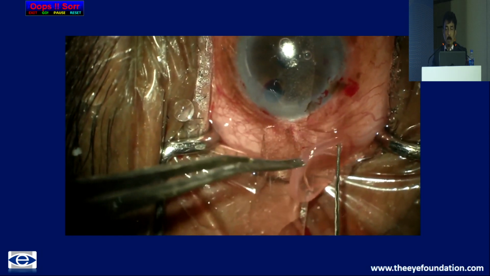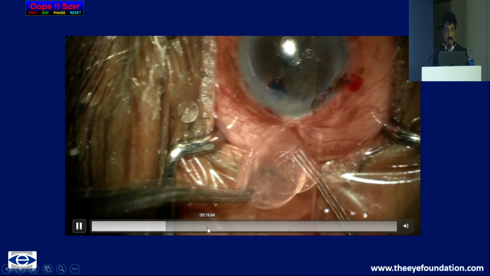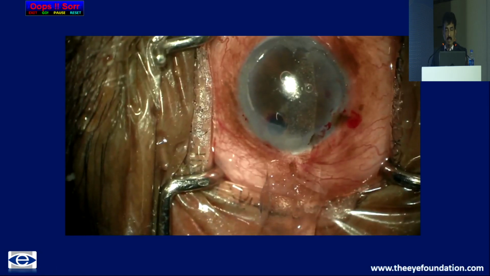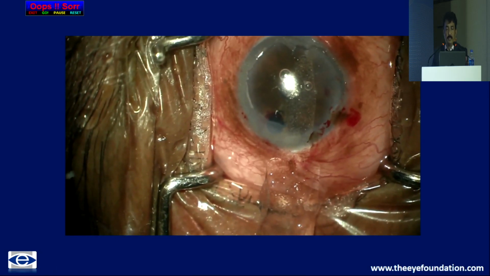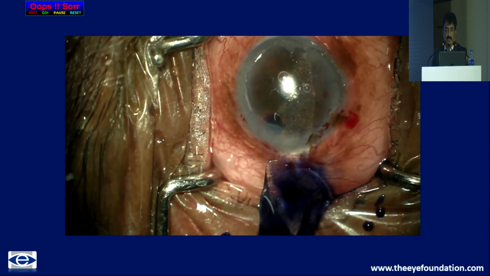Of course, the handling of these thin grafts is similar to handling of a PDEK graft, not as difficult as a DMEK graft.